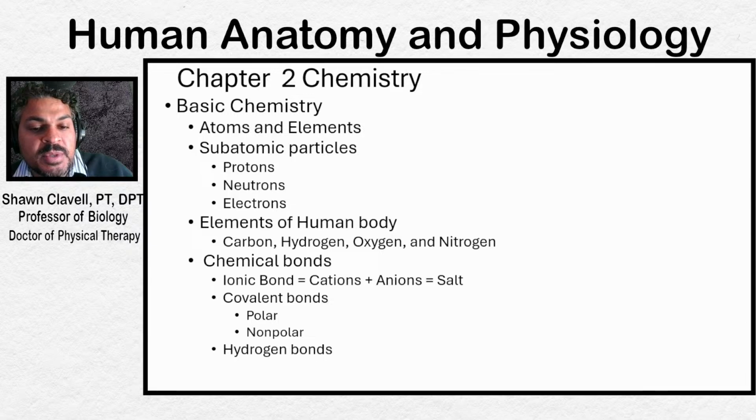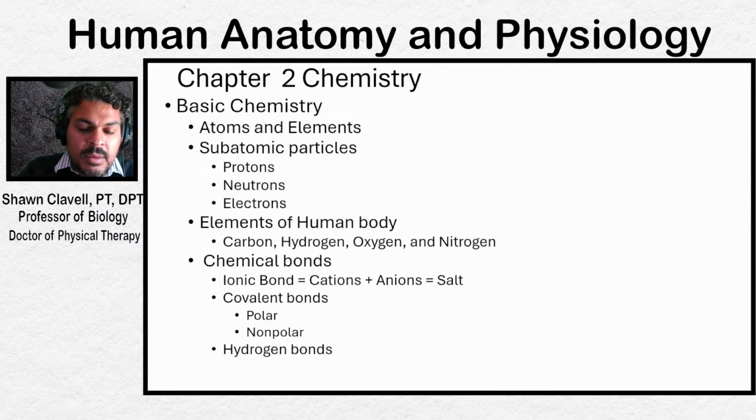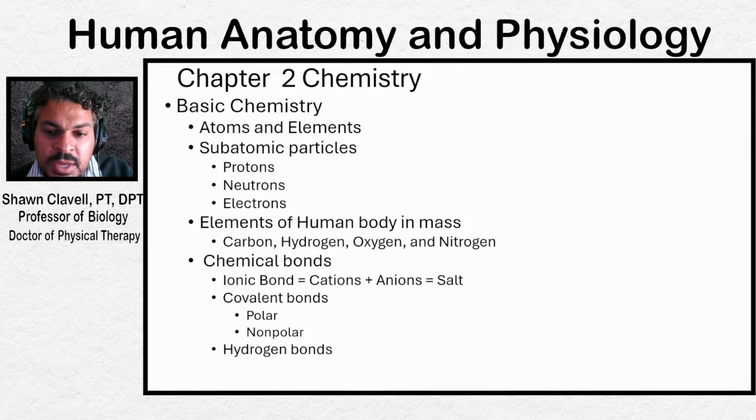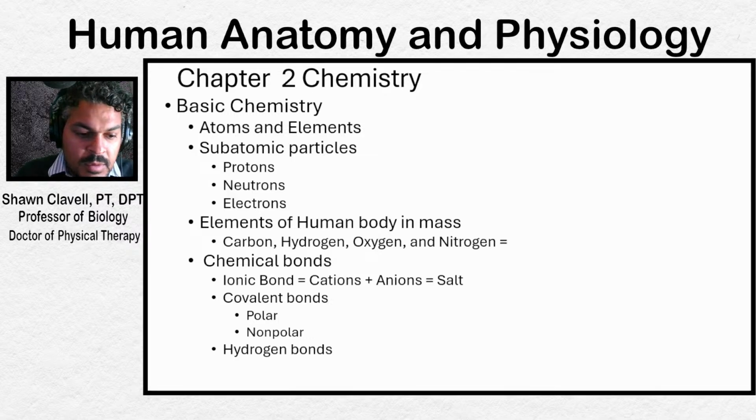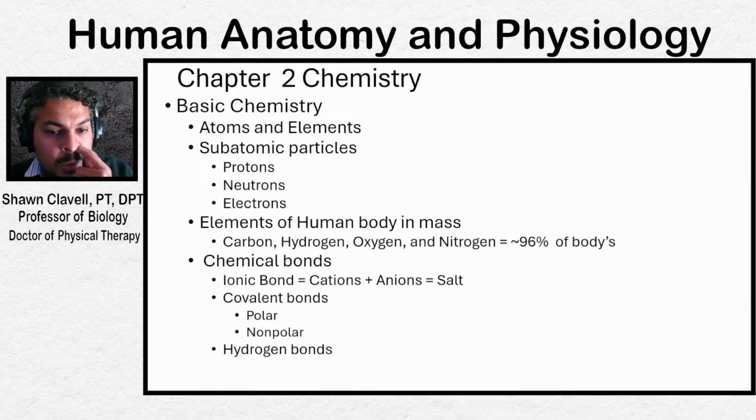Of the elements in the human body, which elements make up approximately 95% of the body's mass? Carbon, hydrogen, oxygen, and nitrogen make up approximately 96% of the body's mass. That's a big one to know.